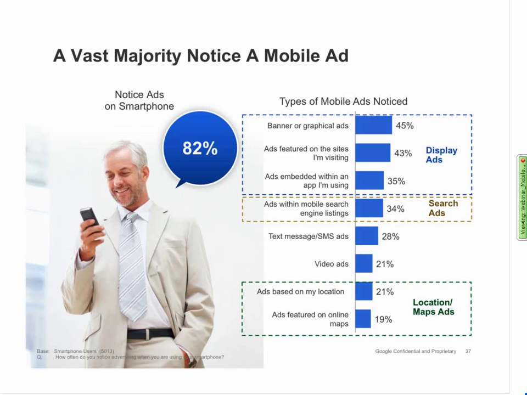So when your ad appears, it's just naturally more prominent. And it's also probably because smartphone usage is relatively new compared to online usage. I think the combination of the two, the smaller screen as well as the relatively new medium, contribute to mobile ads being really noticed.